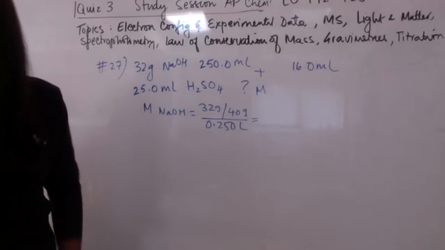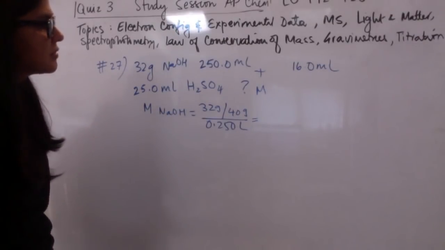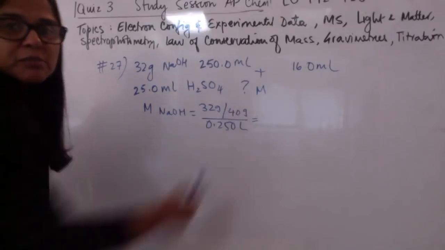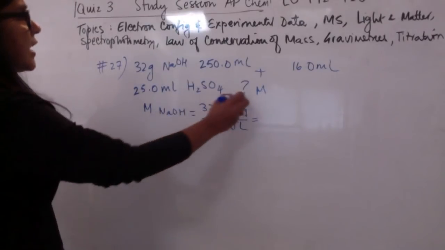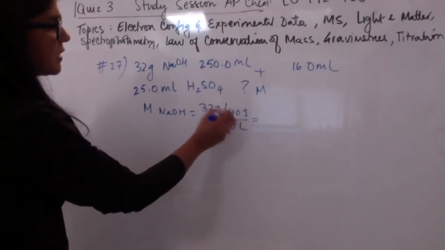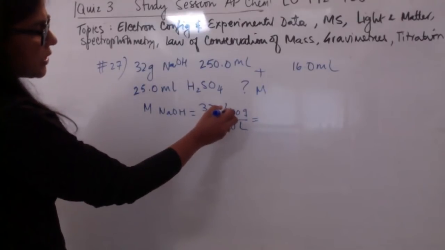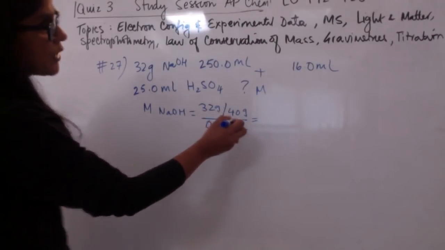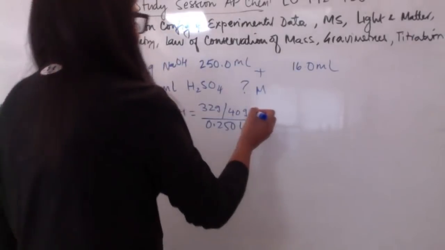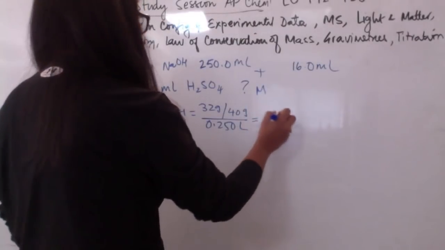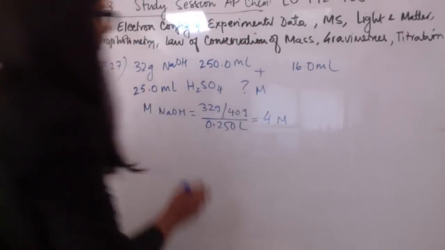I am not carrying my calculator here. Once you tell me the molarity, then what happens? Let's round it. This is about 1 divided by 0.25, around 4, let's just say, okay?